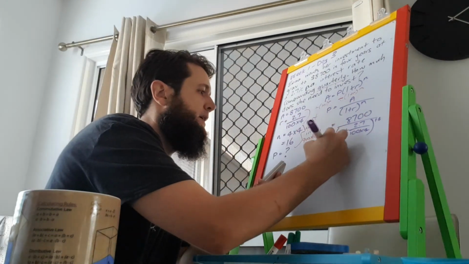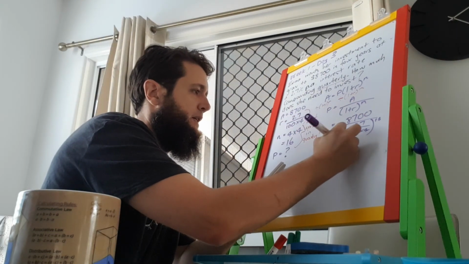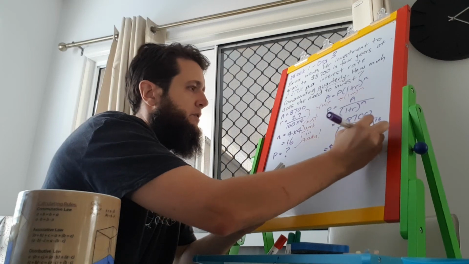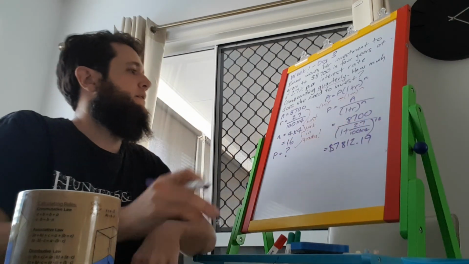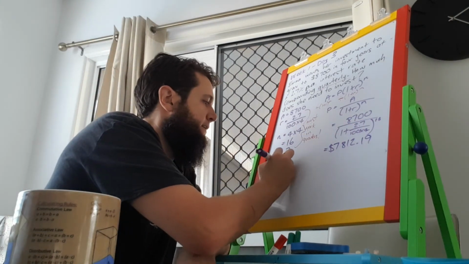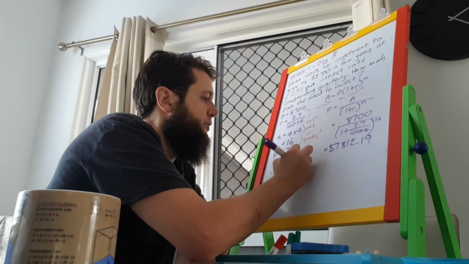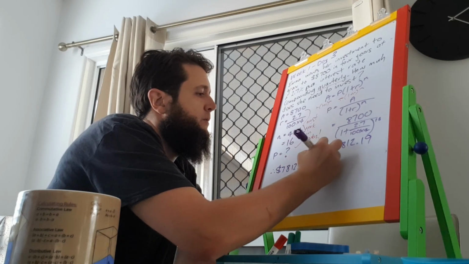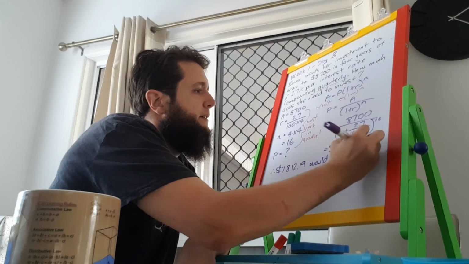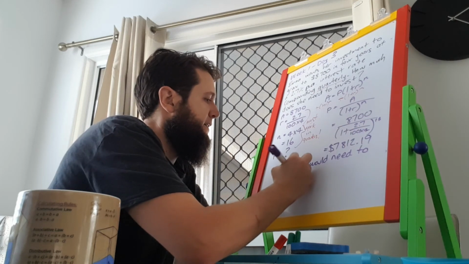Right, so P is 7,812 and 19 cents. So therefore 7,812.19 would need to be invested initially.